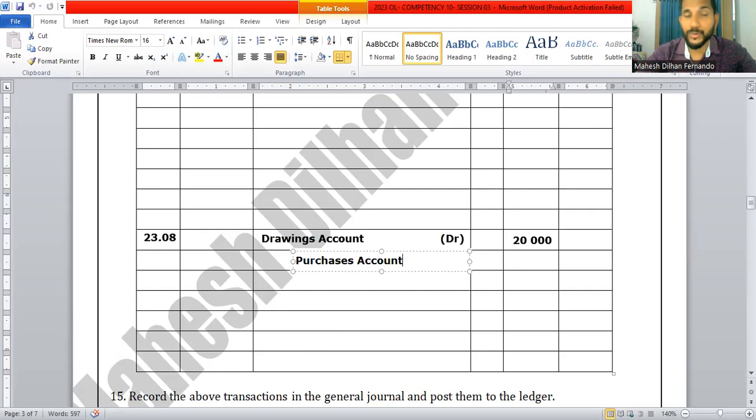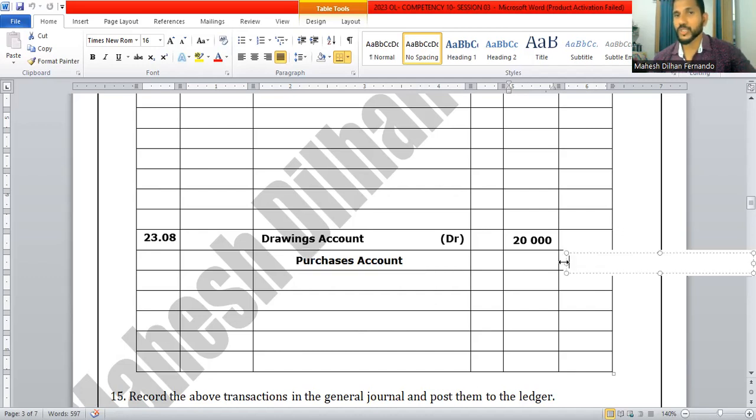What is the double entry to record a credit purchase of goods? Many children debit the stock account. I told you, in the double entry system, there is no stock account updated. So it is always the purchases account. So here, the purchases account is credited.